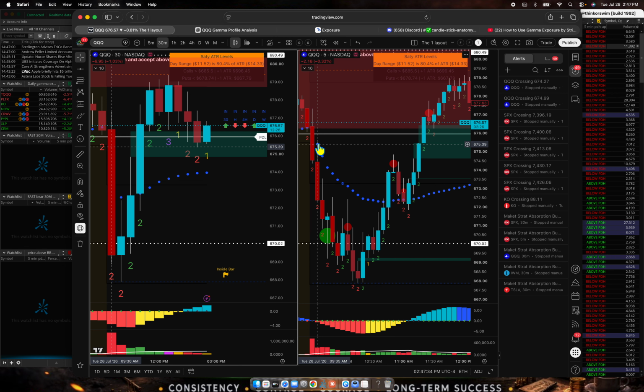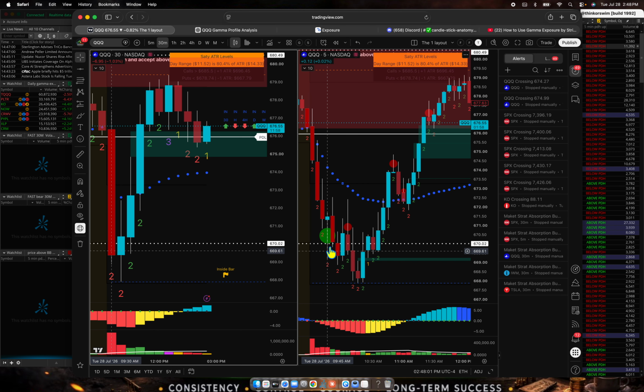Price pulled back, wicked off our VWAP right here, and started pushing back down. Letting the first 5 minutes pass, there's nothing wrong with that. Let it pop back up, pull up, and then fall back. Like I said, we were transitioning into the negative gamma. So we lost 675 as it said. It pulled back, then we pushed lower and got all the way down into that 668 area.